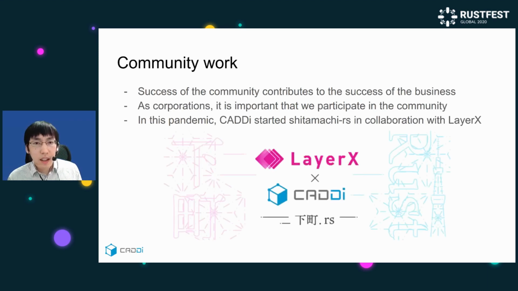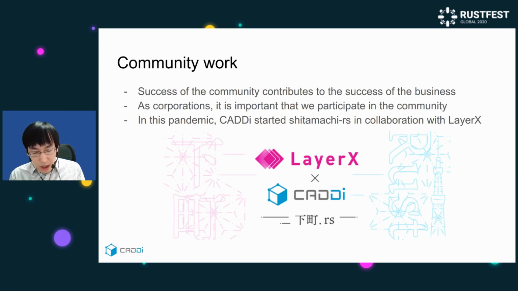And finally, the success of the Rust community contributes to the success of the business and the success of our development team. As an enterprise software development corporation, it's important that we participate in the community.